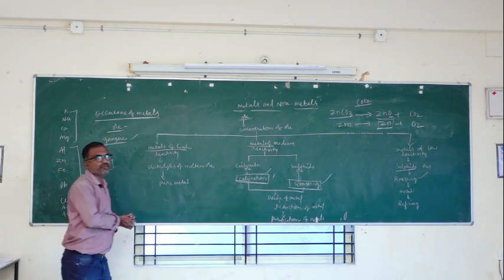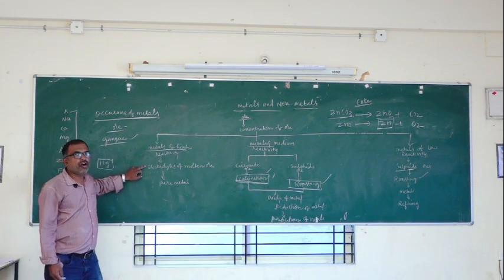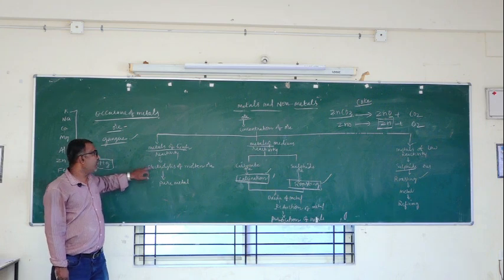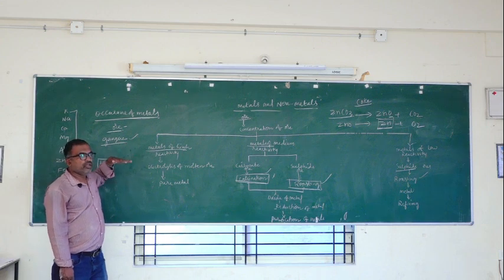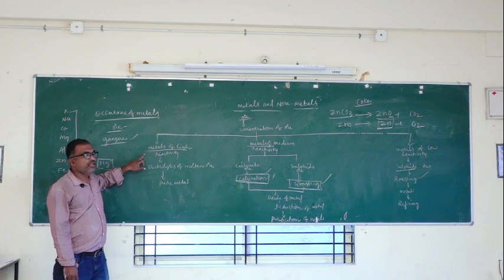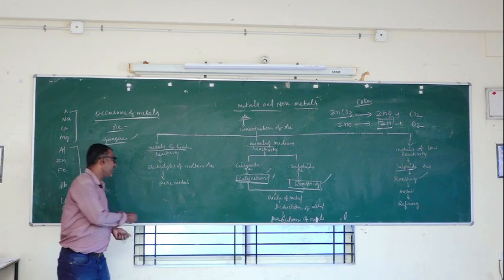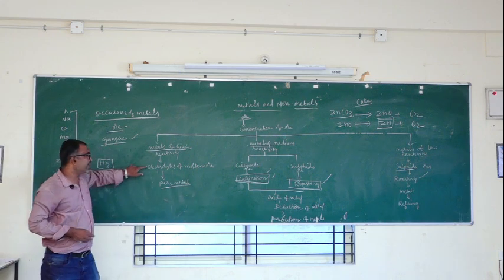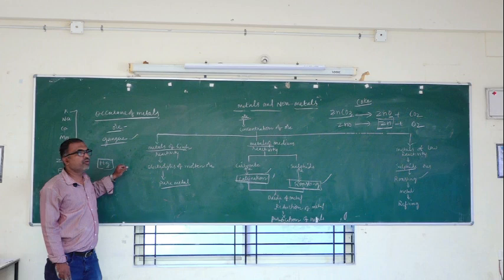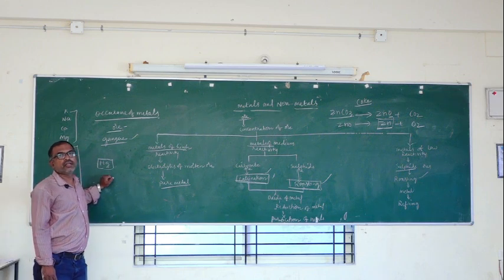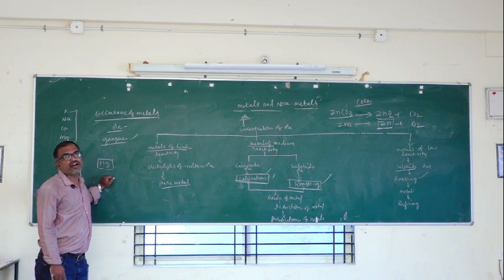So we have to extract them by the method called electrolysis of molten ore. By using electricity, we get the highly reactive metals. After electrolysis of molten ore, we get the pure metal. So that is called purification of metal.